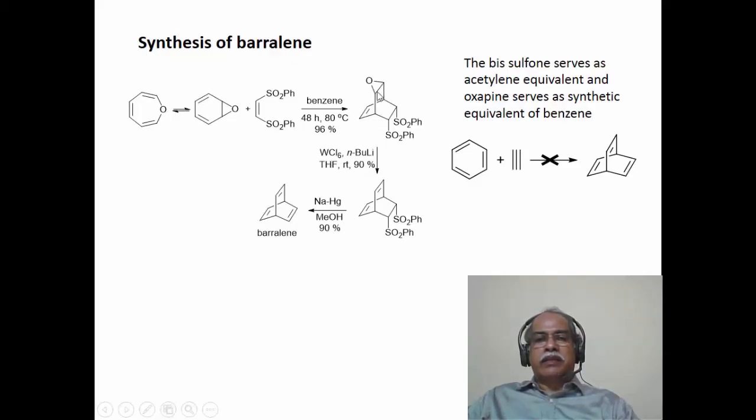Deoxygenation of the epoxide is necessary to produce this olefin, and this is best performed by a low valent tungsten compound. In tungsten hexachloride, tungsten is in the maximum valency. When it is reduced with a strong reducing agent like butyl lithium, it will go to low valent tungsten, and the low valent tungsten is very oxophilic and is capable of removing this oxygen and going to tungsten oxide.